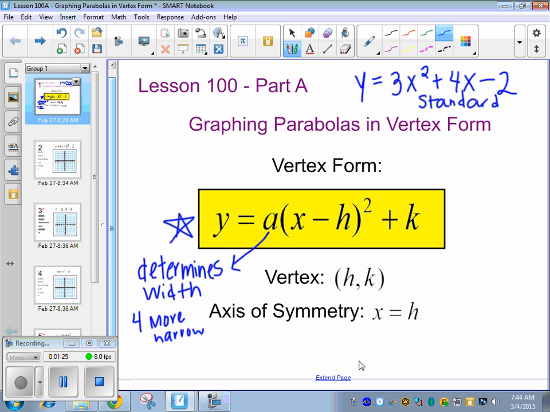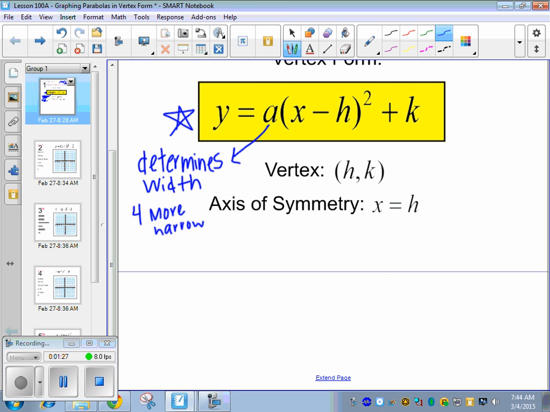So it's like a skinnier parabola. But if you have something like 1/4, so any kind of fraction, then it makes it more wide. Okay? So a skinny parabola and then a wide parabola. Alright? So that's what a does.